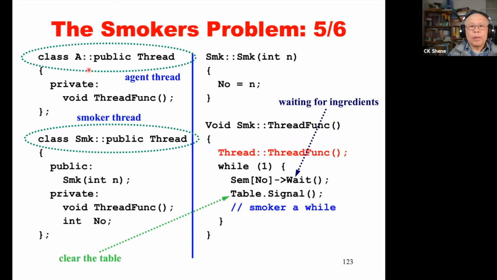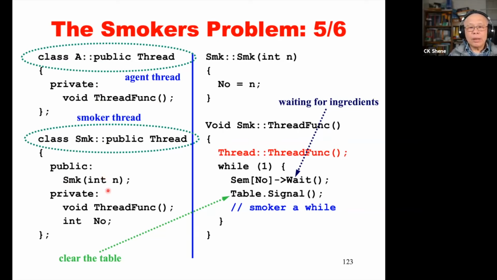Now, for the classes, A is the agent and SMK is the smoker. I don't have enough space to put everything on a single slide, so I use abbreviations. The agent has nothing, just a thread function. For the smoker, it needs a number, the name: smoker 0, smoker 1, and smoker 2.